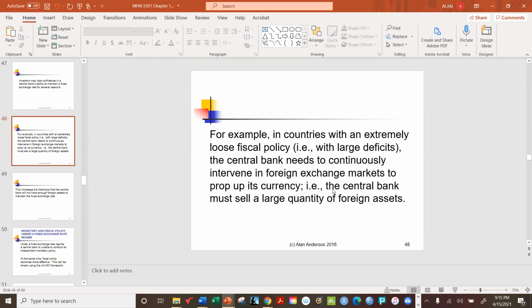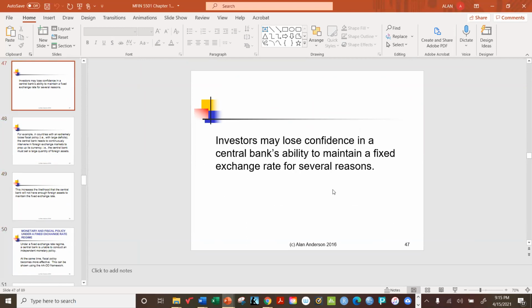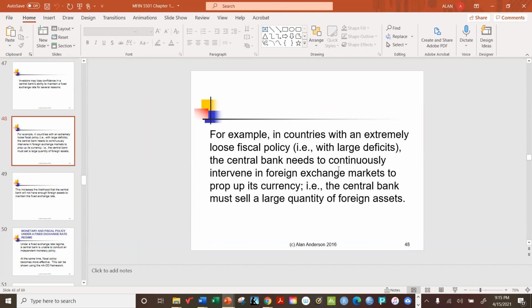Other things can happen too: if the country has a lot of inflation, a lot of trade deficits, strikes going on, or political turmoil. There's a lot of reasons why investors in these countries can start to lose their confidence, and that can trigger a crisis just like this one.